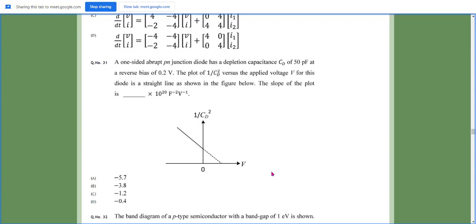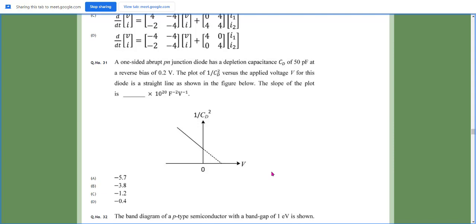You understood? We have seen, I don't remember the formula, okay, so I'm not a devices person, so I don't remember those things by heart, but I think CD is equal to under root Q W N something, the formula is there, right? So using that formula you try to solve that. So basically that V voltage is applied and then the reverse bias of 0.2.